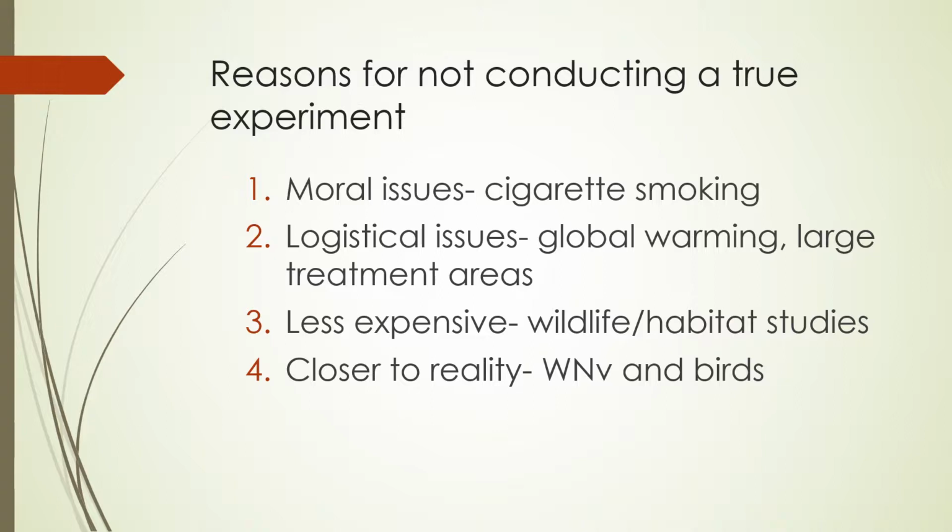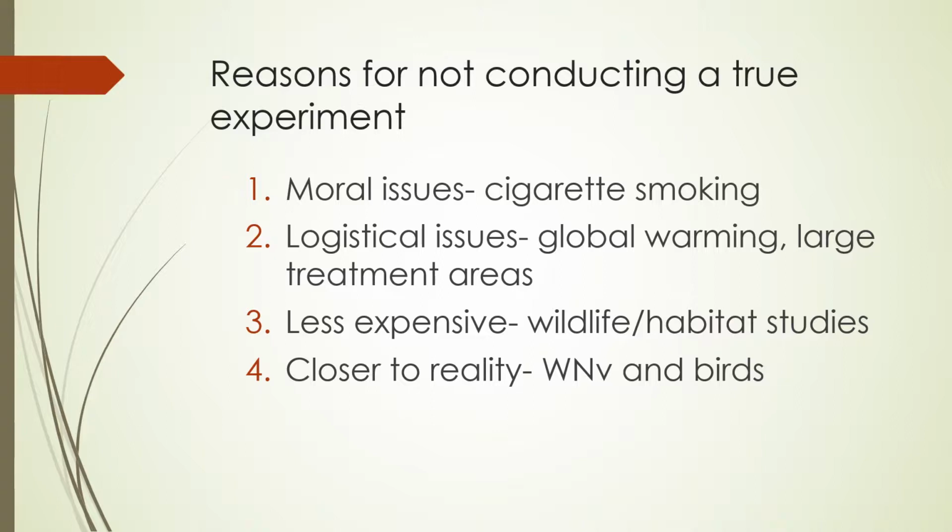In something a little closer to home, many of the ecological treatments that we would like to apply often require very large areas. So if you want to look at the effects of acid rain, for instance, that would require relatively large areas of treatment to look at the effects on watersheds and so on, or large-scale pesticide spray programs, for instance, could also require large treatment areas, which requires a lot of money, which then makes it difficult to get a lot of replicates of those kinds of experiments.